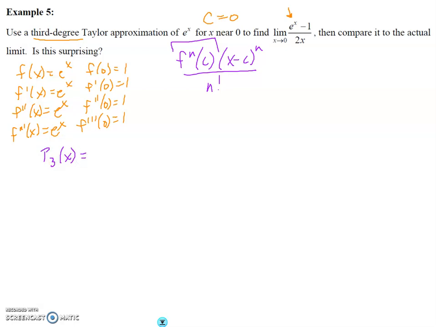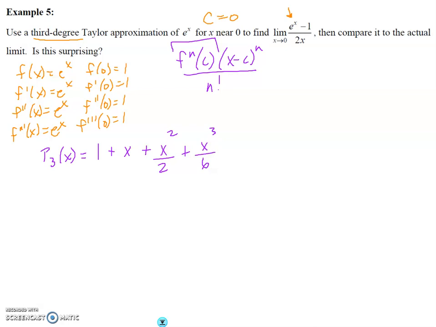So f of 0 is 1 plus 1 times x to the first over 1 factorial plus 1 times x to the second over 2 factorial plus 1 times x to the third over 3 factorial, which is 6.